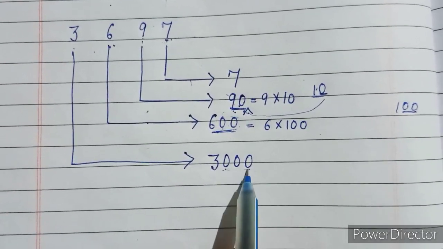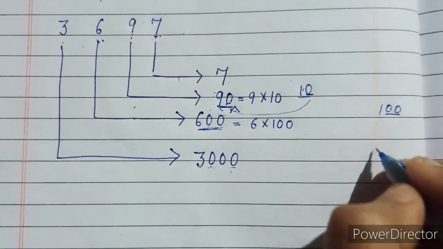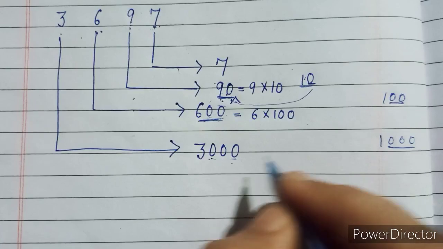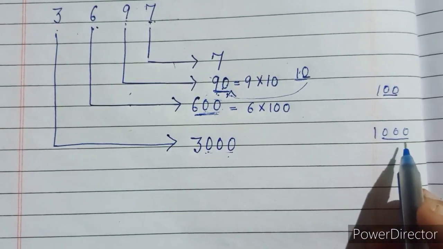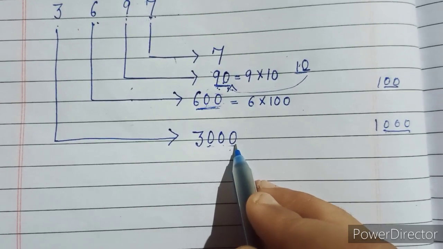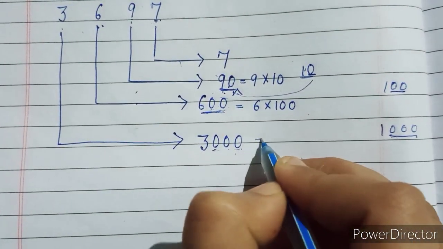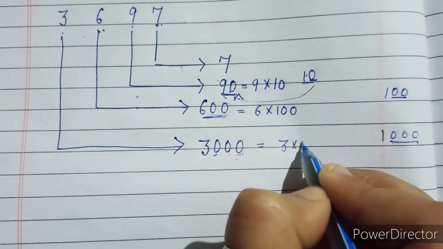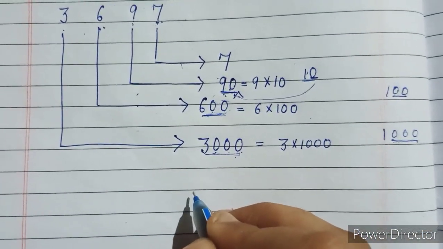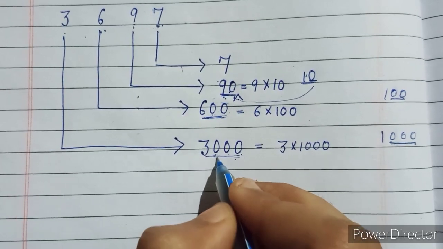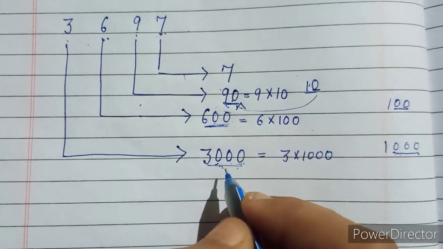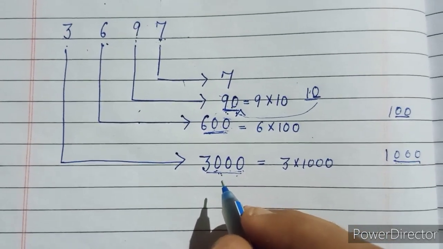There are also 3 zeros in a thousand. So look here, children, there are 3 zeros along with 3. So 3 multiplied by 1000 is 3000. So the place value of 3 is 3000. Is that clear, students? Okay.